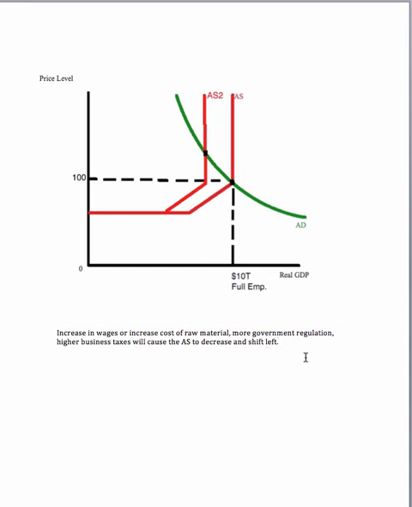So the result of this shift is that price level increased and the real GDP and employment decreased. This is cost push inflation.